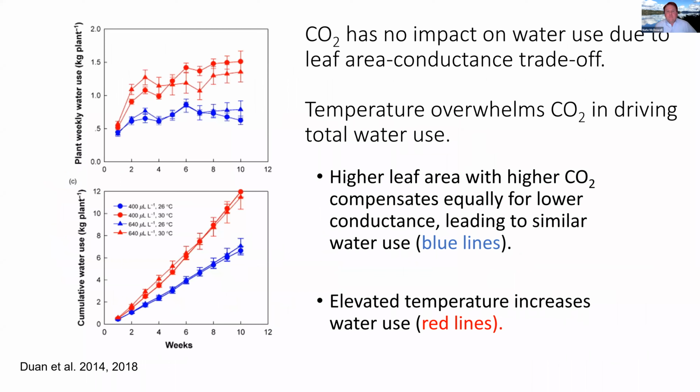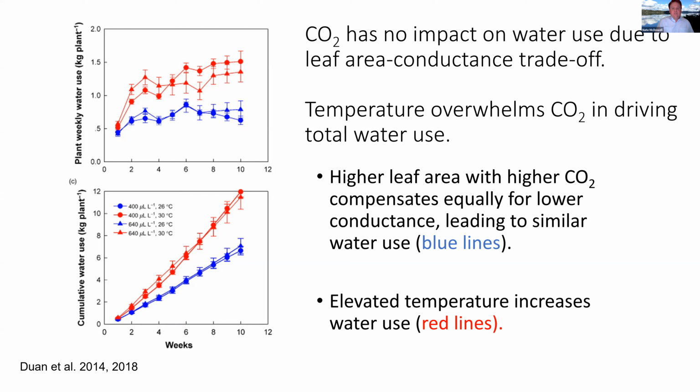Here's a study that I'm a big fan of. This is a study done in a greenhouse. So this is the most intensive level type scientific experiment we'll talk about in this talk. By intensive, I mean small scale. In this study, they show that CO2 had no net impact on water use due to a leaf area conductance trade-off.